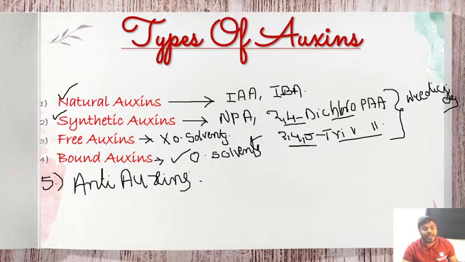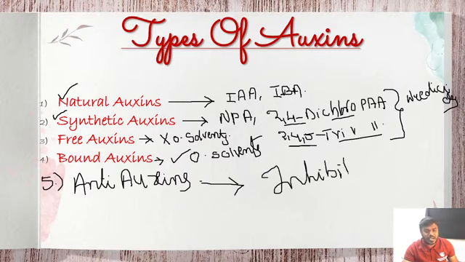If we use an organic solvent for its isolation, we call it bound auxin. Very simple. Now friends, antiauxin, the name itself indicates, right? Anti again is the auxin. So every inhibitor which is inhibiting the auxin, we can call it an antiauxin, right?